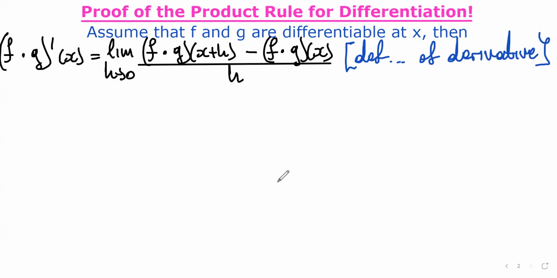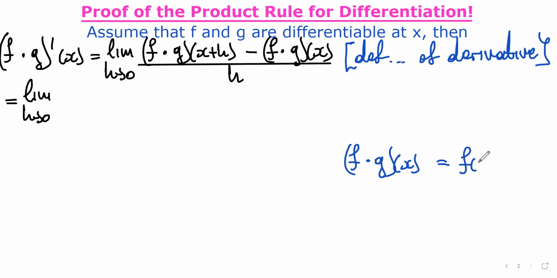Okay, fine. Then the question is, what is the next step? Well, the next step is to define the product of two functions. How do we define a product of two functions? Well, we know that if we have f times g of x, this is actually defined as the product of these two functions.